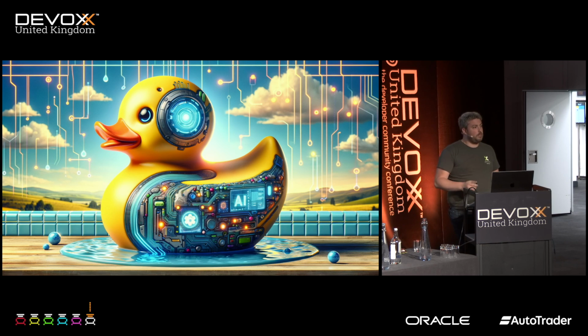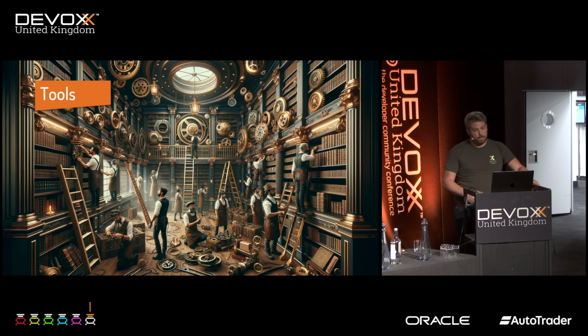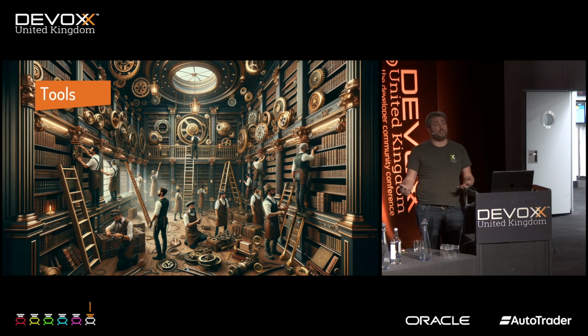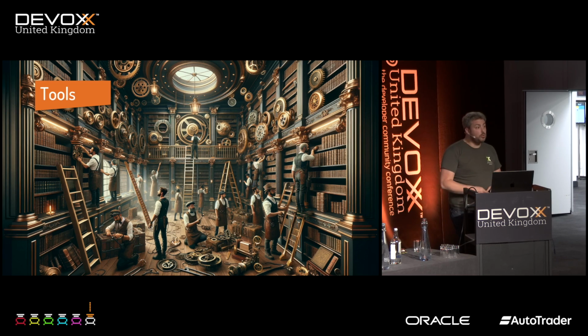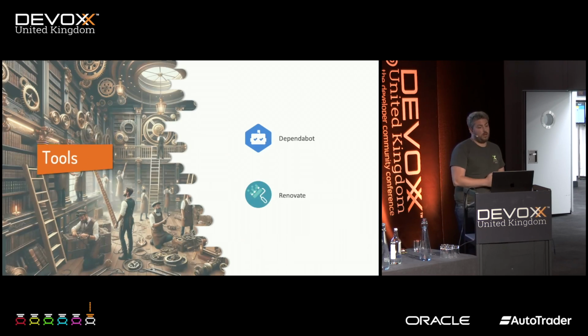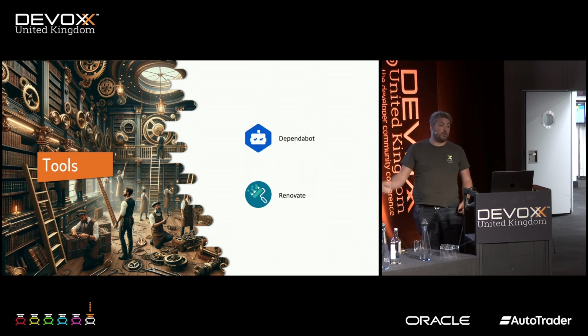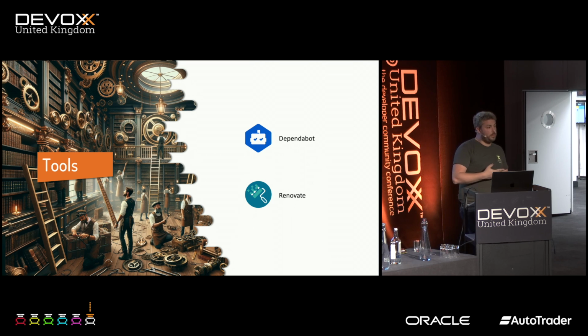So that's great. I finalized this, but let's be honest, nobody really likes to update their dependencies by hand. And it would be great if we had tools to migrate and update our dependencies more easily. And those tools exist. There are two here called Dependabot and Renovate.